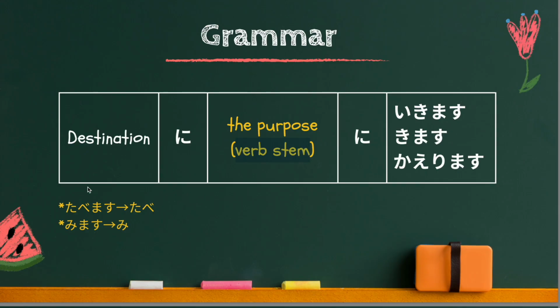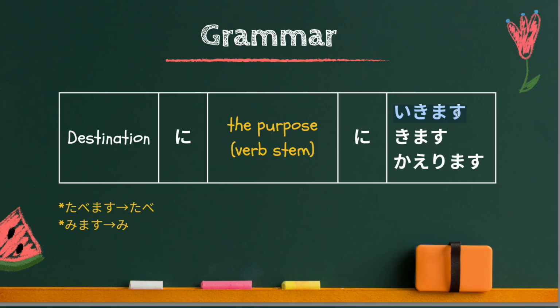If the verb is 食べます, drop mas off, then the remaining part, 食べ, that's the verb stem. So we will be using this verb stem today. Verb stem plus ni, 行きます, because you are going to that restaurant.